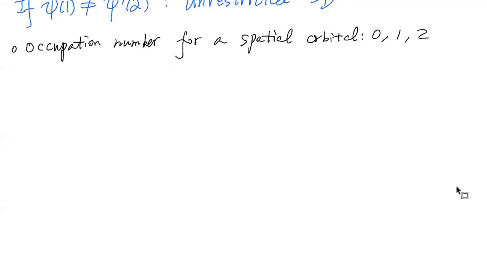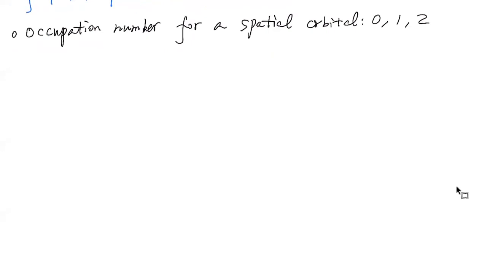When the occupation number is equal to 1, you can say this orbital is singly occupied. When the occupation number is equal to 2, you say this orbital is doubly occupied. The maximum occupation number for a spatial orbital is 2. You cannot have more than 2 electrons occupy the same spatial orbital. This is forbidden by the Pauli exclusion principle.